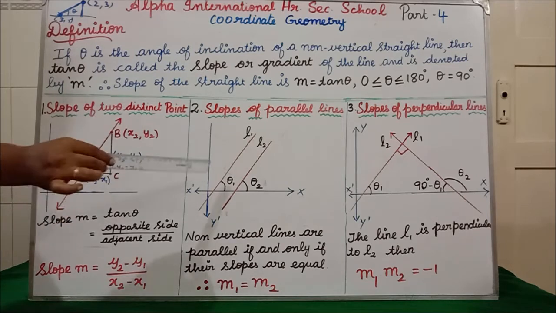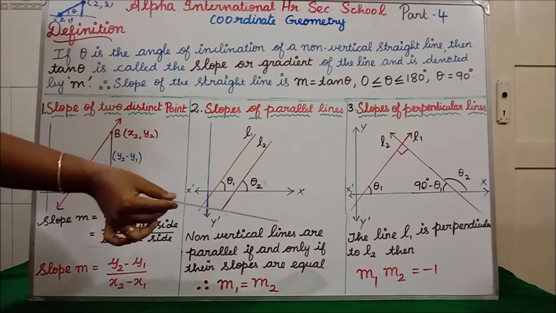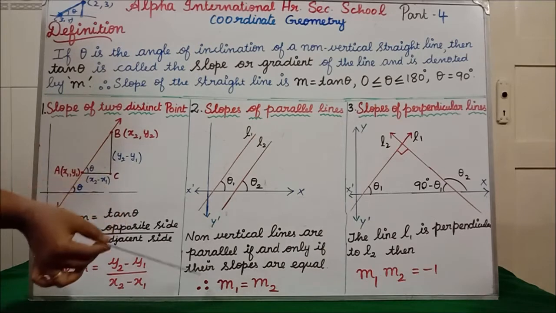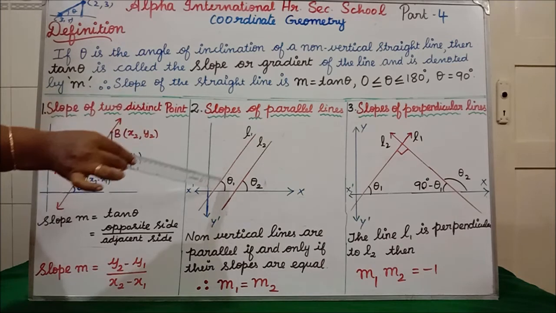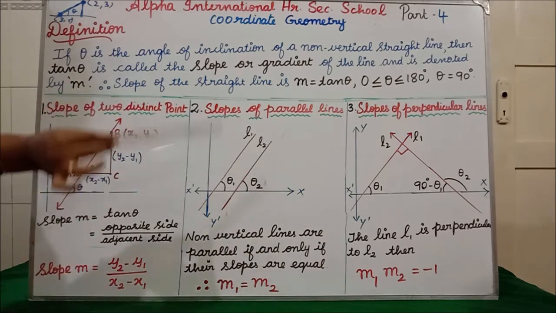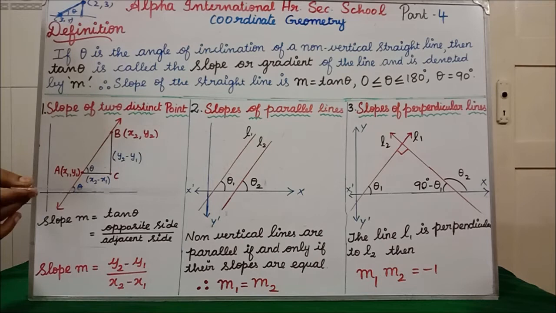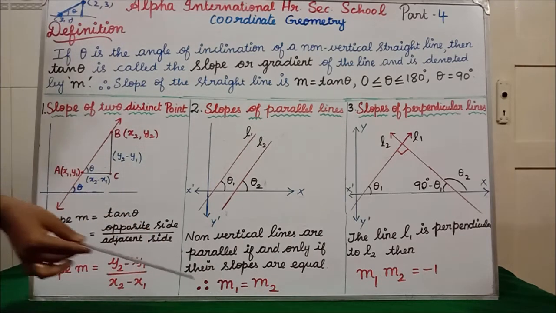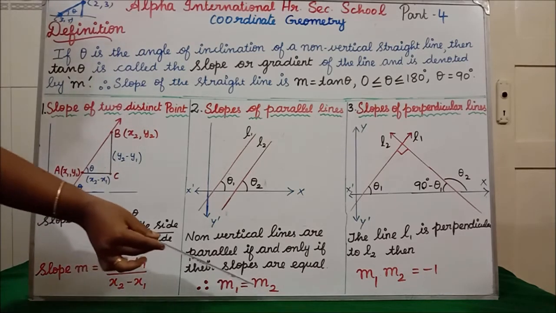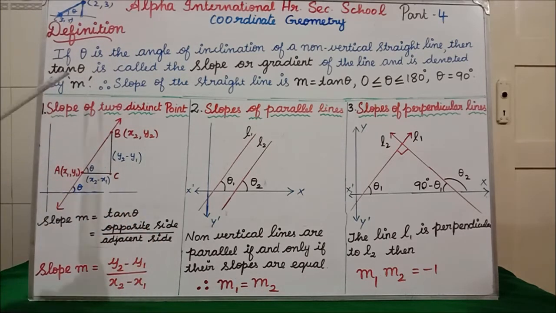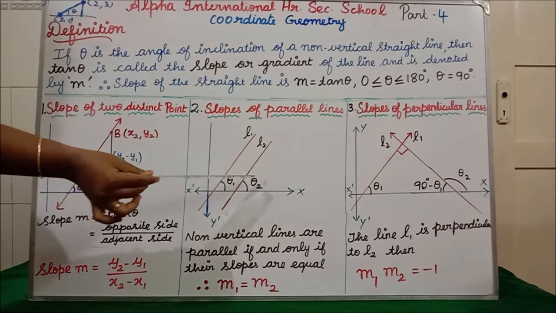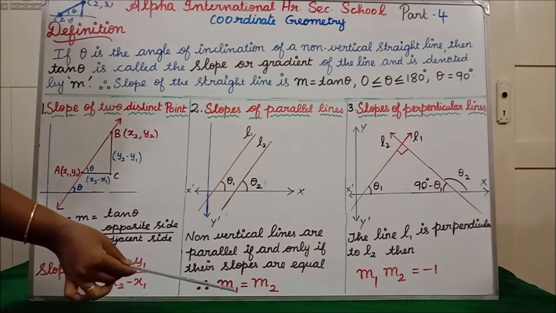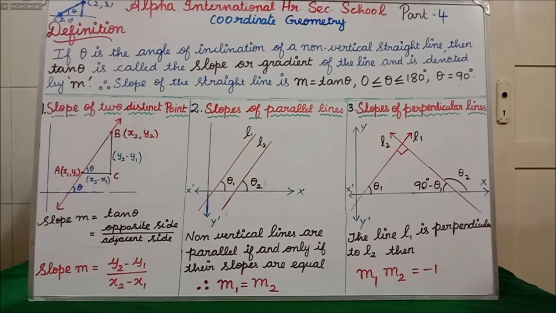Non-vertical lines are parallel if and only if the slopes are equal. So this is slope m1, this is slope m2. If the two lines are parallel, the slopes are equal, therefore m1 is equal to m2. We denote the slope by m, and since we have two slopes, to differentiate them we write m1 equal to m2.